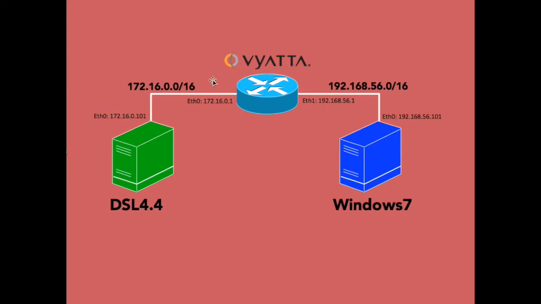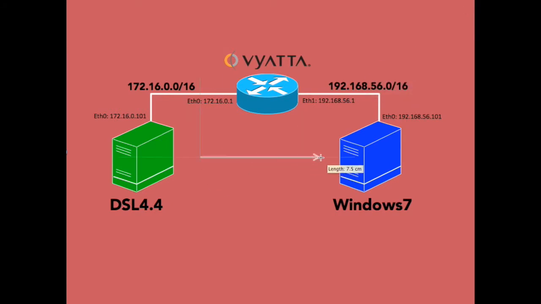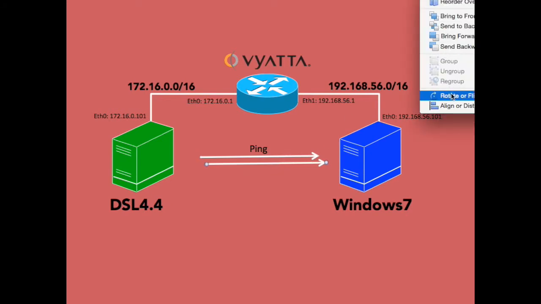Then we're going to configure routing on this Vyatta so that we can actually get a ping working between these two machines. So that's what we're going to be doing today, and we should get a response back from that machine.